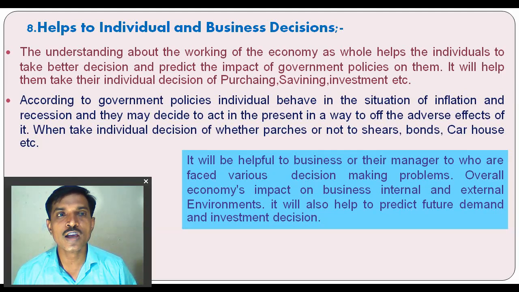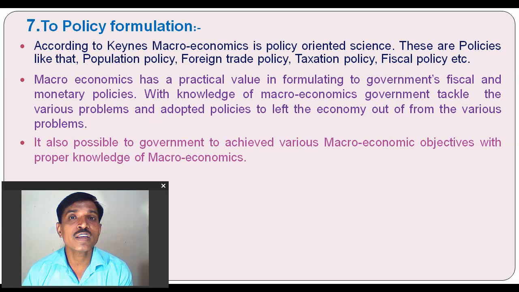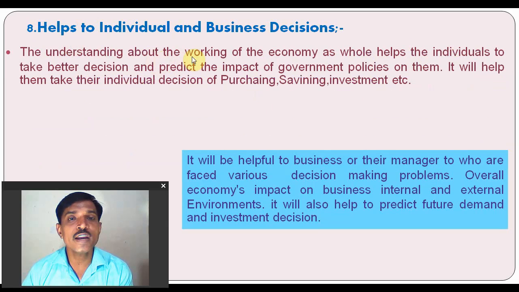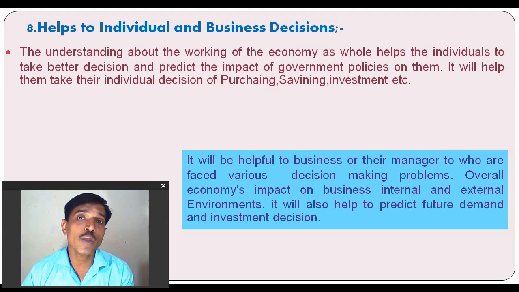Understanding the working of the economy as a whole helps individuals, as well as businessmen, take better decisions and predict the impact of government policy on them. Whenever we know what government policies are going on, what policies have been adopted, and what their impact is on us as individuals, we take better decisions.